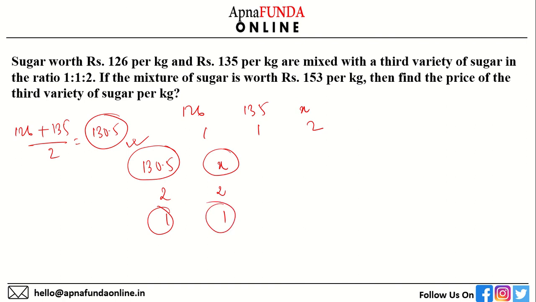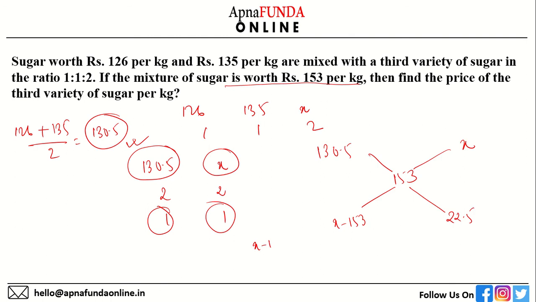Correct? Now it becomes easy to solve. So 130.5 and X, and the mean price is 153, because the sugar mixture is worth rupees 153 per kg. Correct? Now we solve this. This is X minus 153, and this is 22.5. Now we know that it is mixed in the ratio of 1 is to 1.